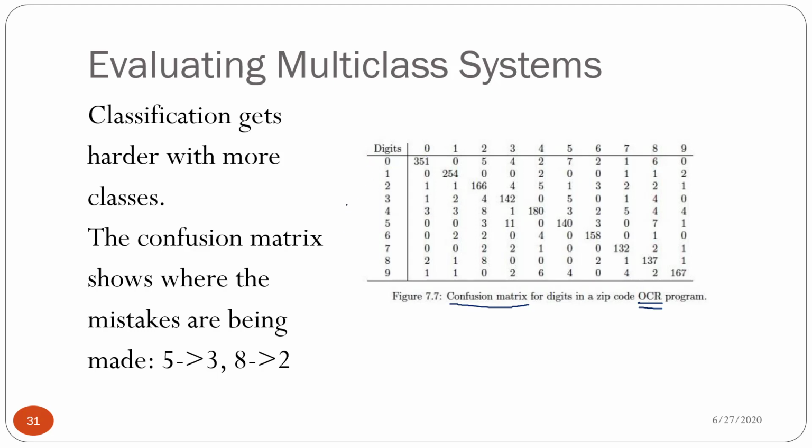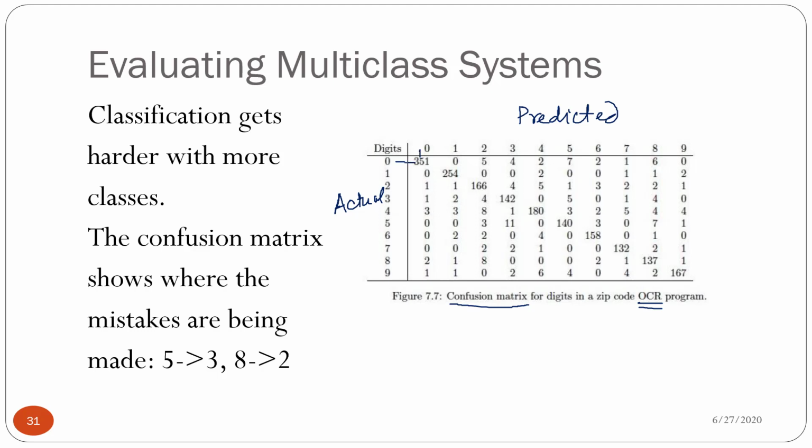So here you have actual, and here you have predicted. So how do we read this confusion matrix? Well, in the samples, 351 times the OCR was able to identify 0 as 0.